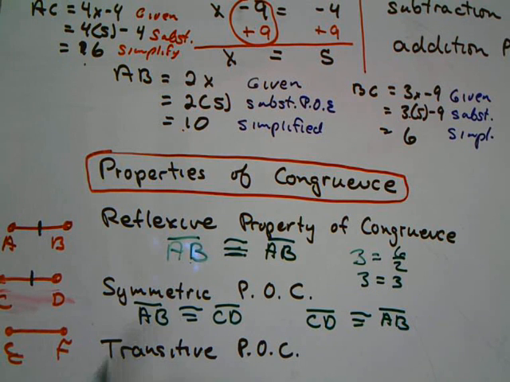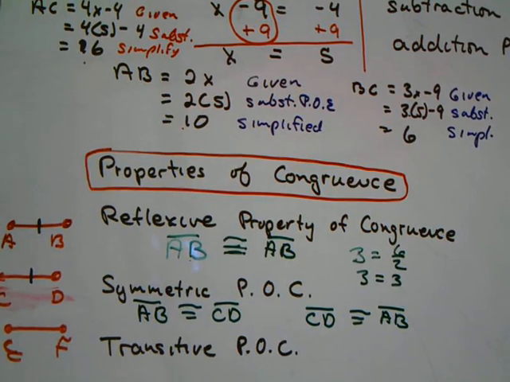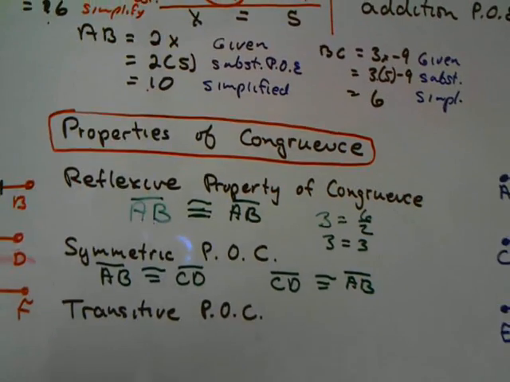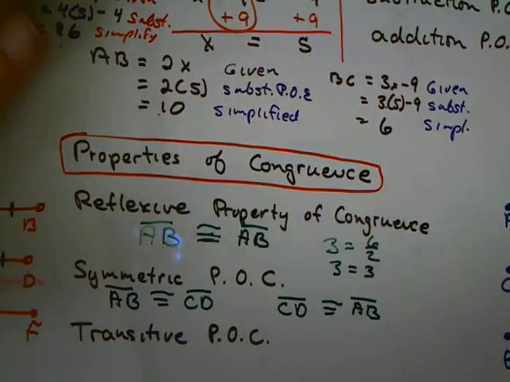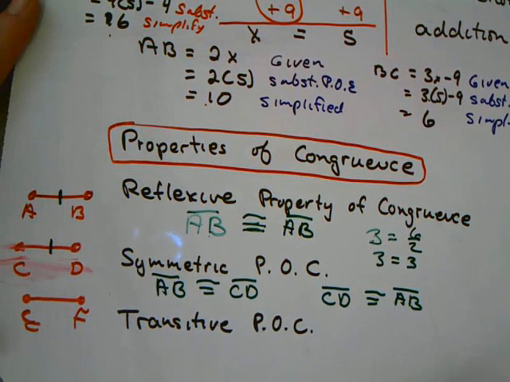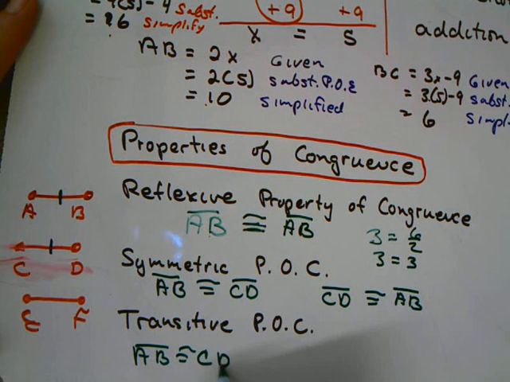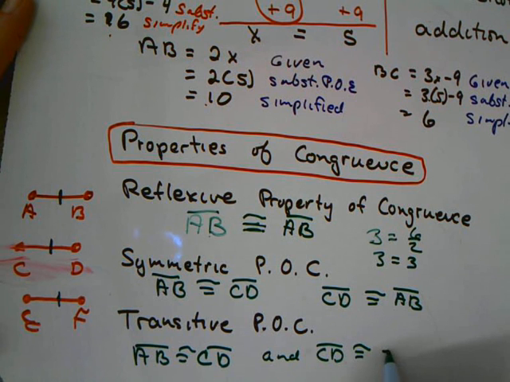Okay? Now, what if I went a little bit further and I said to you, guess what? Segment AB is congruent to CD, and furthermore, segment CD is congruent to segment EF. Well, what could we conclude from this?